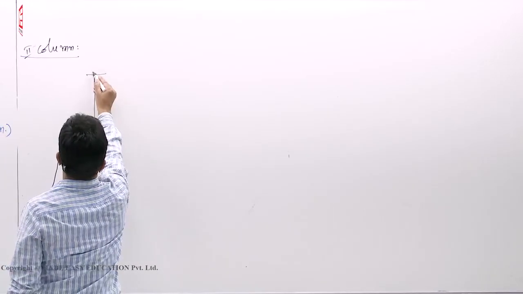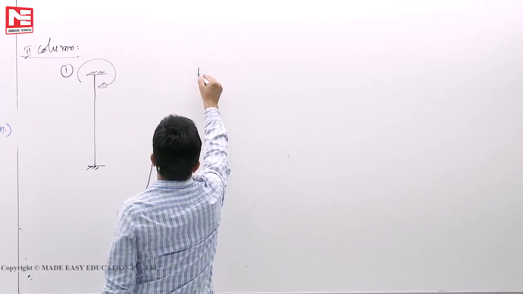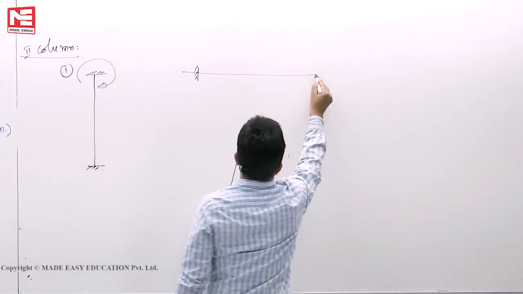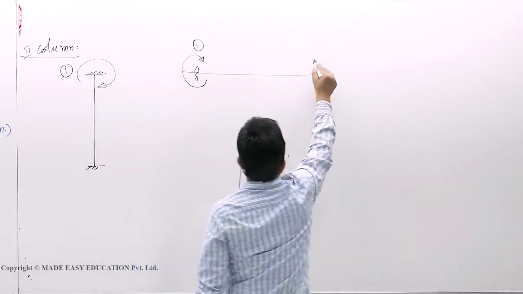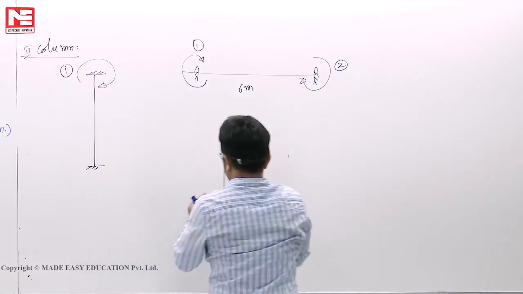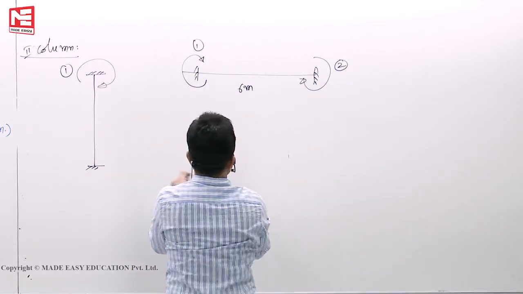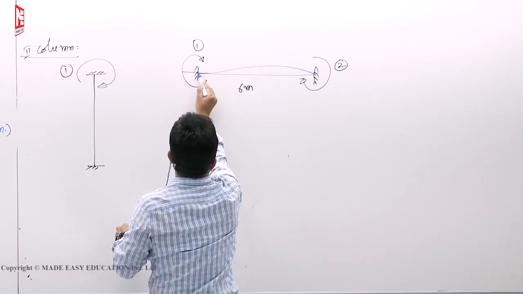Fix it. This is coordinate 1, this is also coordinate 1, coordinate 2, 6 meters. At coordinate 2, now you have to give unit displacement. Like this it will go.